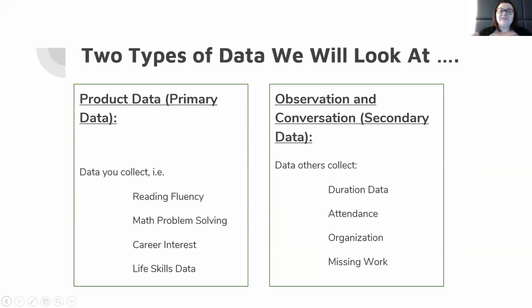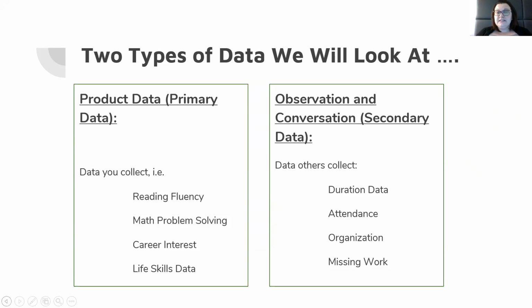So that's going to be based on reading fluency, based on behavior, based on math problem solving, career interests, life skills data, any hard data that is from our goals and our progress that we want to monitor, that's our primary data.